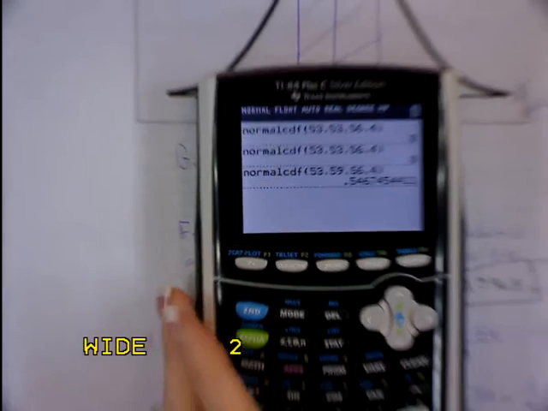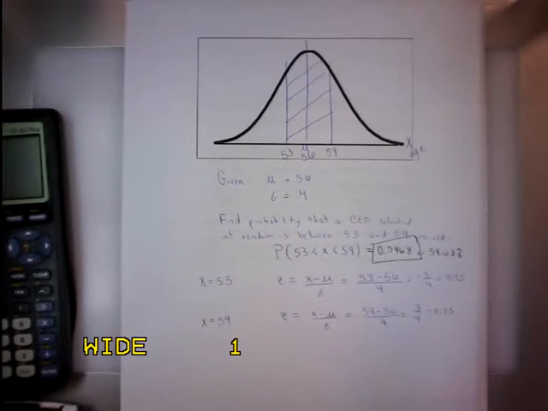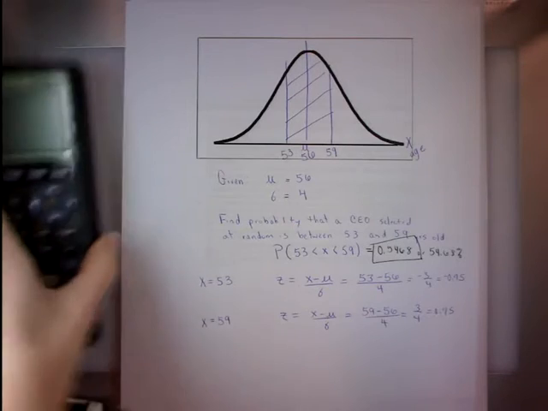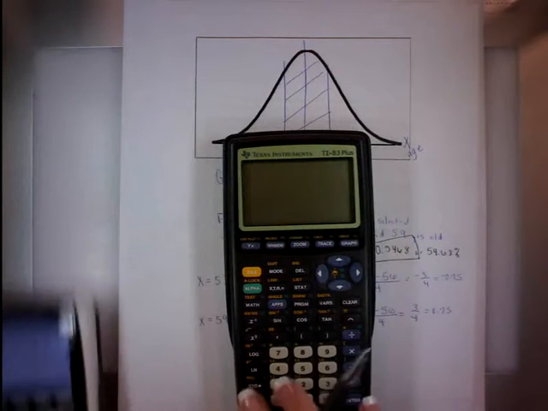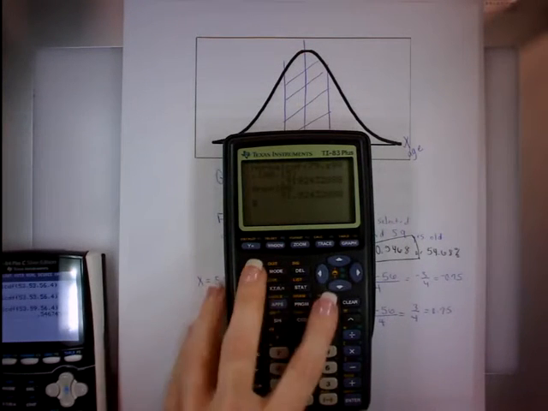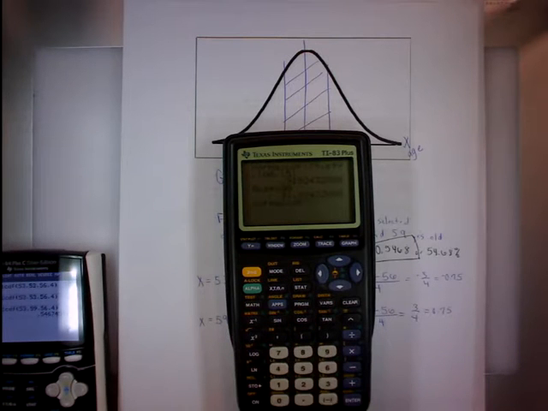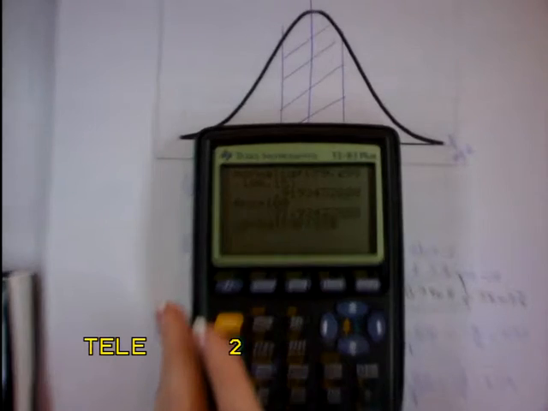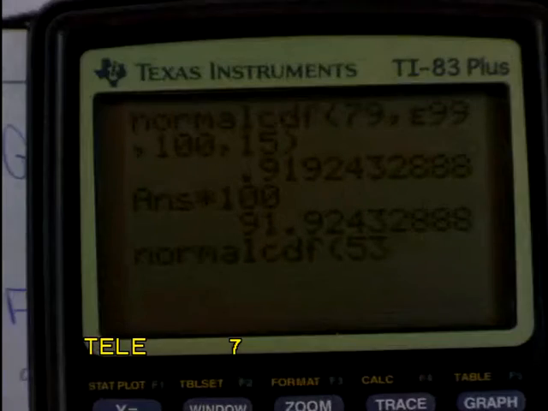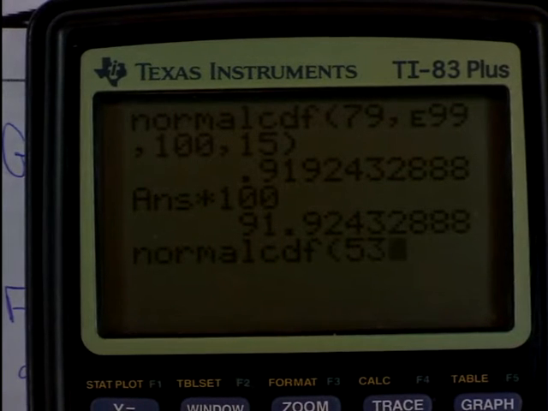Just the 0.5468. Now, if you have this calculator, second variable, you'll do 53 comma 59 comma 56 comma 4, and close all that in parentheses.